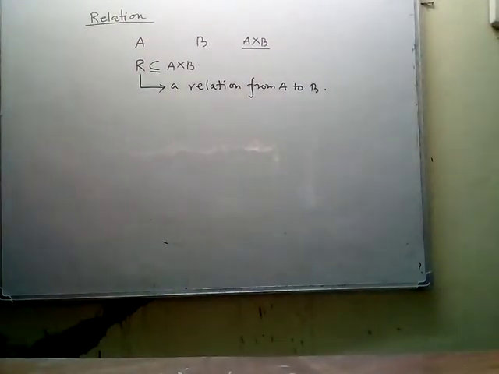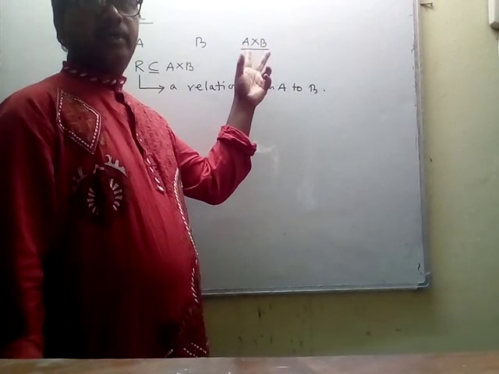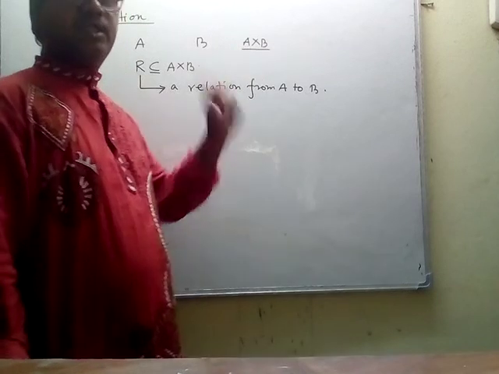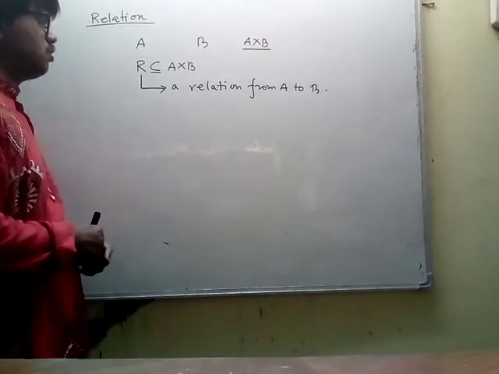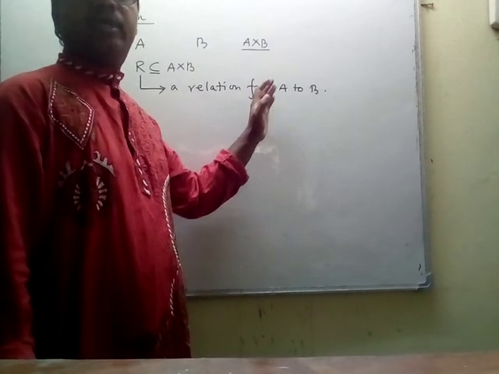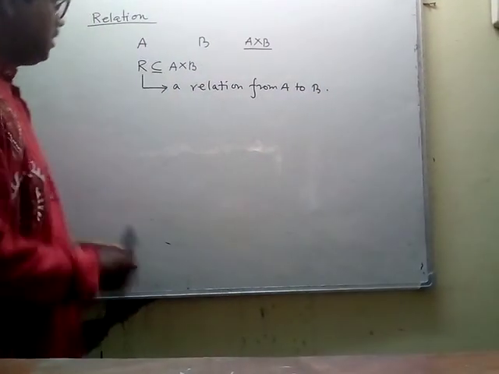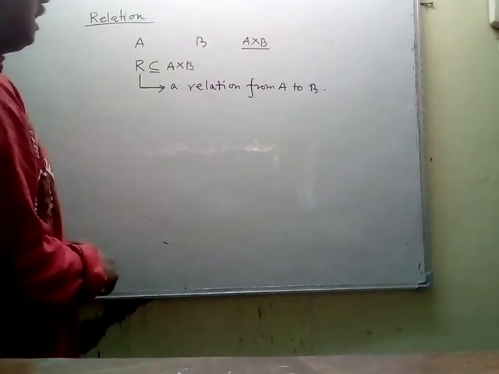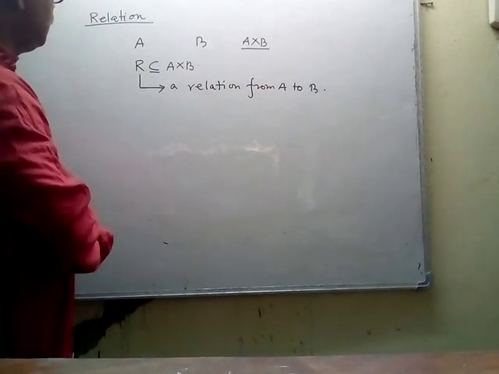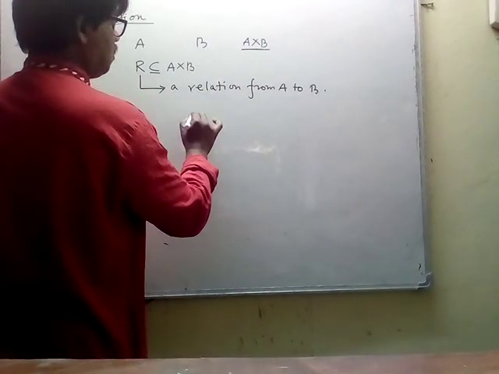That is, any subset of A cross B is a relation from the set A to the set B. Now how many elements are in A cross B?